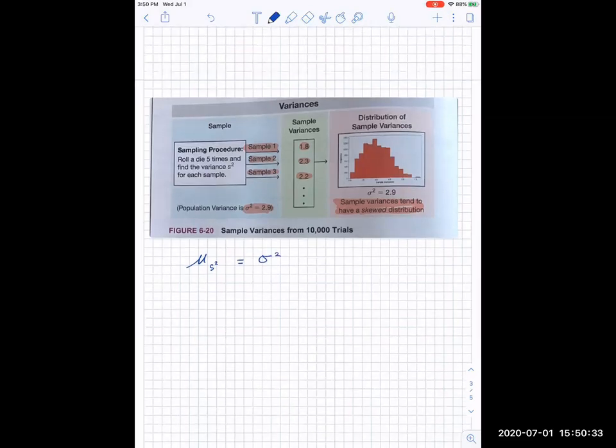So in other words, again, the sample variances target the population variance.